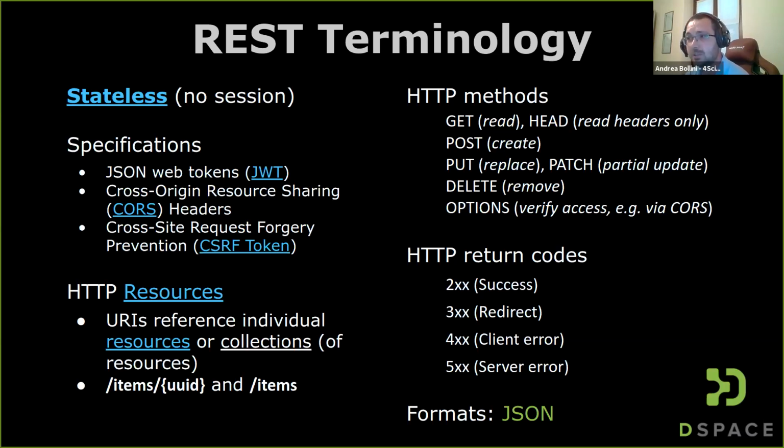Each request that goes from the Angular side, from the frontend to the backend, has no memory of previous requests. This is really important, but it also poses some challenge, especially in regard to authentication. And in this regard, we've decided to adopt the JSON Web Token, JWT specification to manage authentication on the client side.